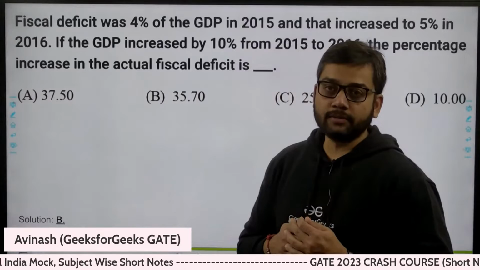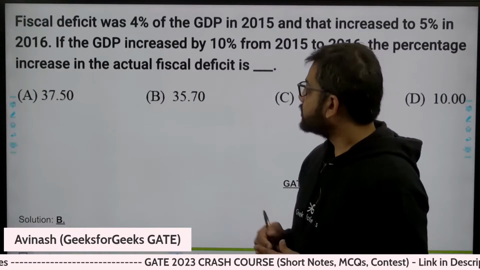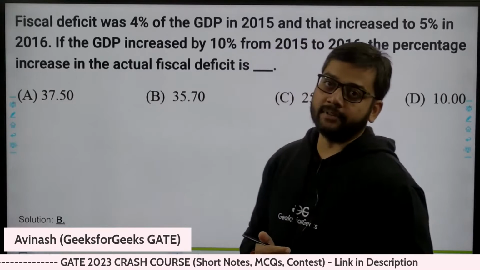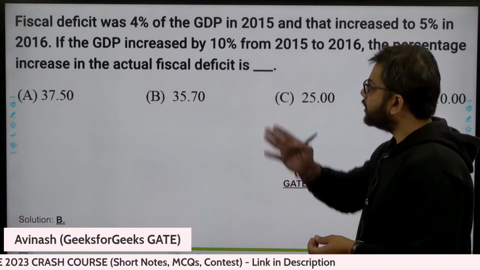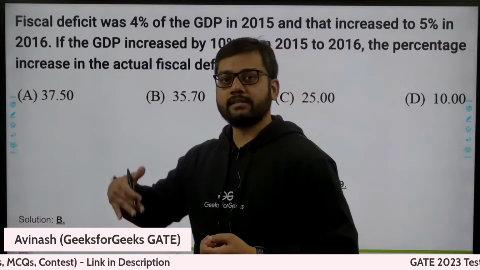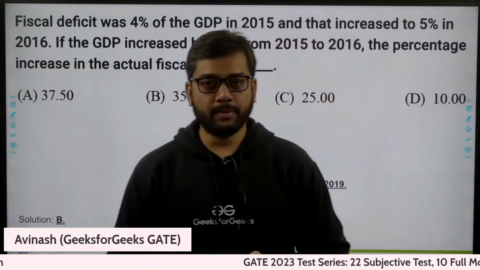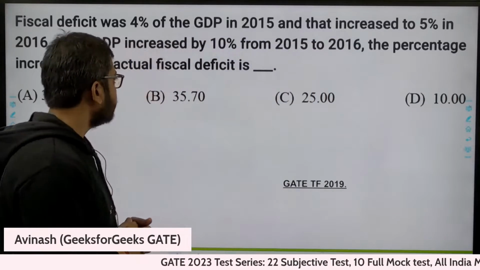A student may think, I have no idea what this FD is. Then the GDP is also involved, with increase and decrease. Just by looking, the question looks difficult, but it's simple.